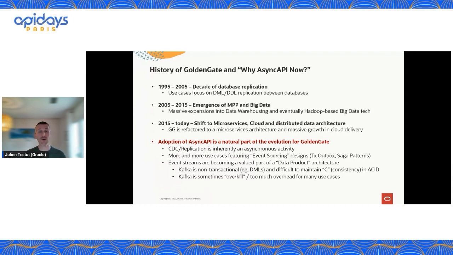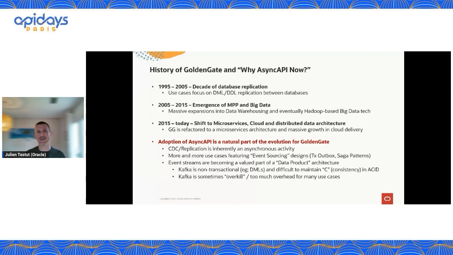And what we're seeing as well is for some of our customers that have few targets, few consumers, the overhead of setting up a message broker like Kafka or MQ can be burdensome, and so it just makes sense to be able, within the change data capture framework, to basically publish change data as messages in an Async API channel.